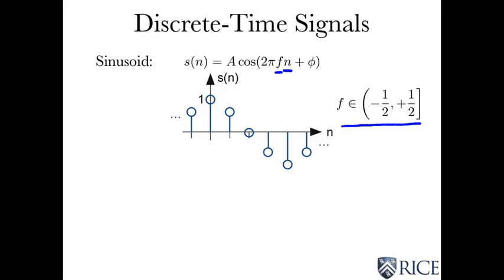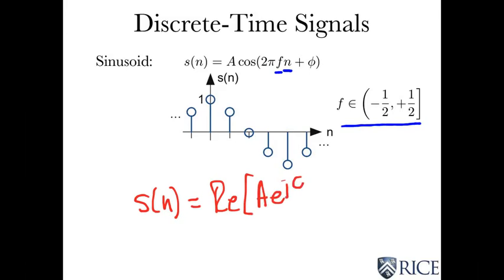And what doesn't change, of course, is Euler's formula. So this sinusoid can be written as the real part of A e to the j phi times e to the j 2 pi f n. So again, that's the complex amplitude. That all follows through. Nothing really changes in that regard.